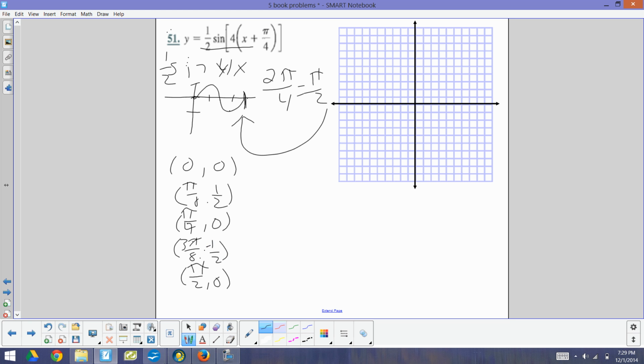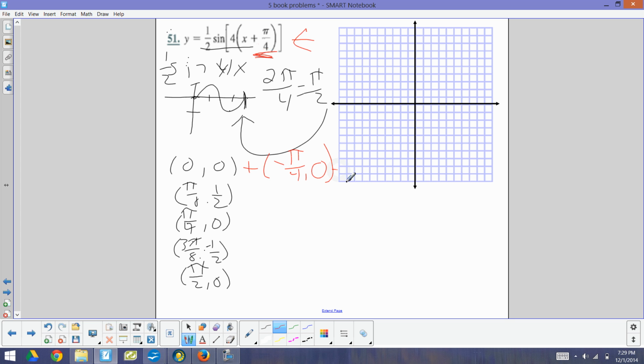Now, I'm going to look at that plus pi over 4. Plus pi over 4 makes it go left. Left is x direction, negative. So I am going to add negative pi over 4 in the x direction and nothing in the y, because I'm not going up or down to all those points.